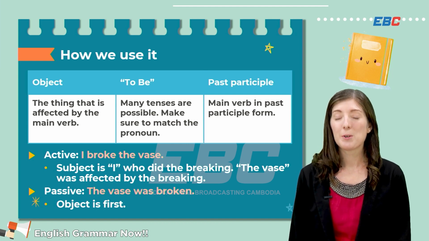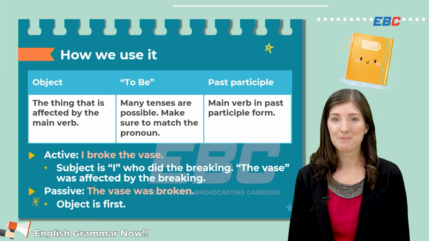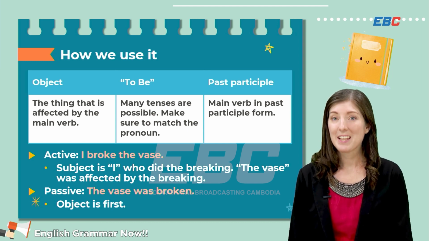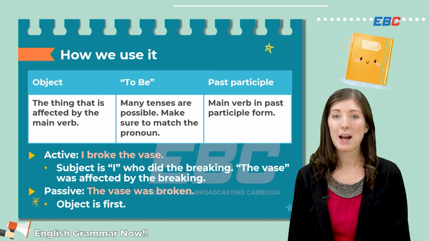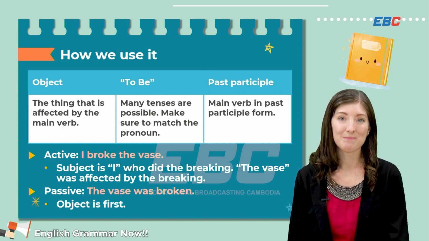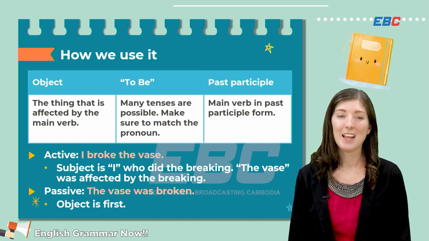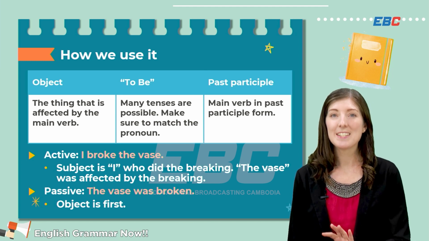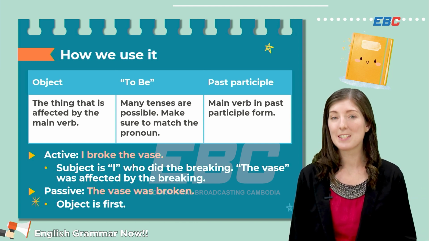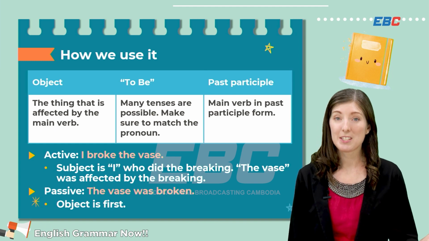Broken is one of those irregular verbs. So, present tense, break. Past participle, broken. You can see that the object is now coming at the beginning of the sentence, rather than the subject being the first thing.